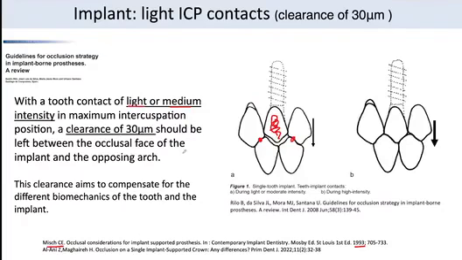And after, when the patient closes strongly in ICP, you have natural intrusion of the natural teeth, because of the viscoelasticity of the natural teeth, and you have contact on the crown on the implant.